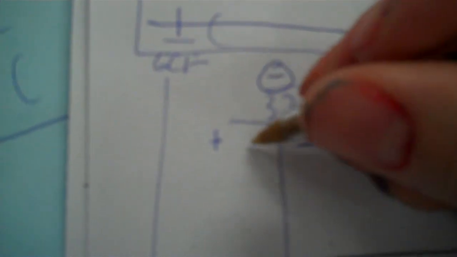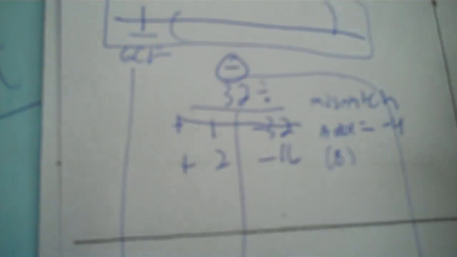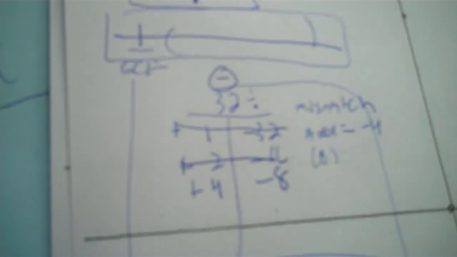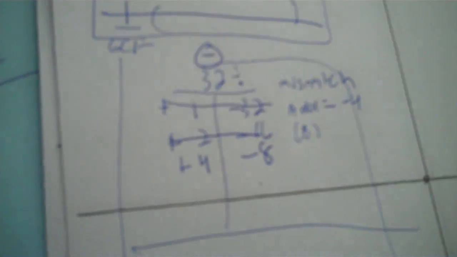So 32 divided by 1 is 32, so that's not negative 4. 32 divided by 2 is 16, then you add those, it's negative 14, that's wrong. 32 divided by 3 is a decimal. 32 divided by 4 is 8. 4 plus negative 8, there's your negative 4.